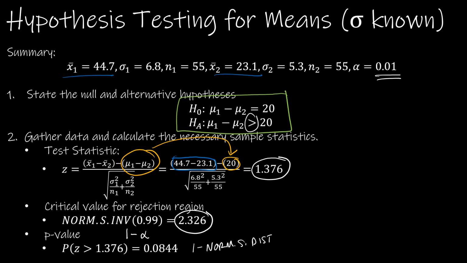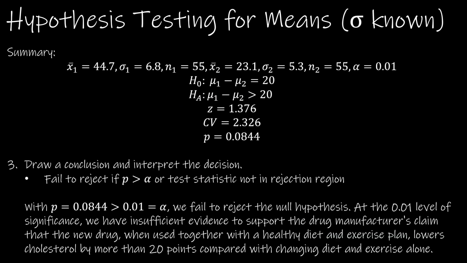Obviously, using either the critical value for the rejection region, which we can see that 1.376 would not be inside, since the critical value is 2.326. This value is not in the rejection region, and also we can see that P is in fact greater than alpha. Both say fail to reject.